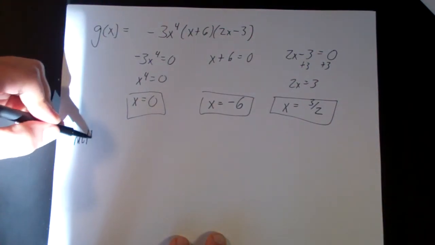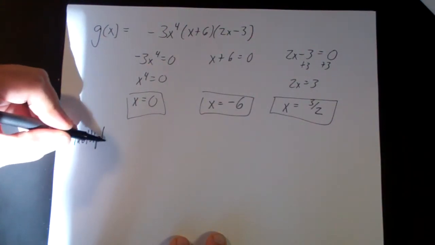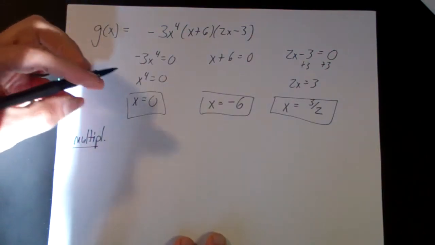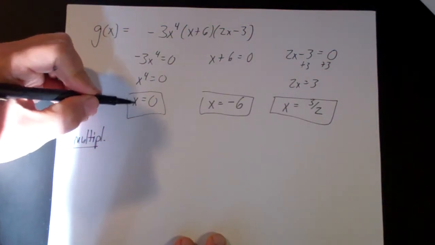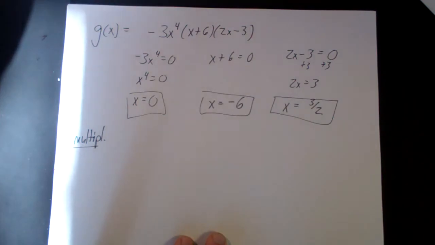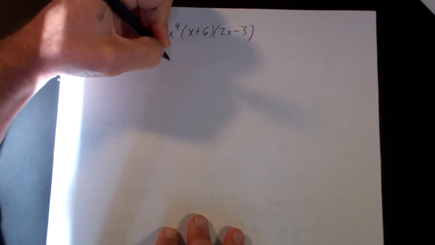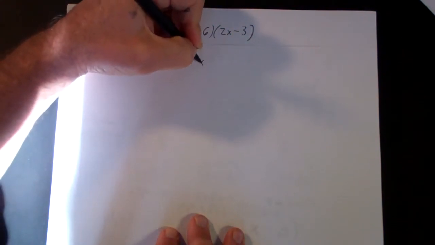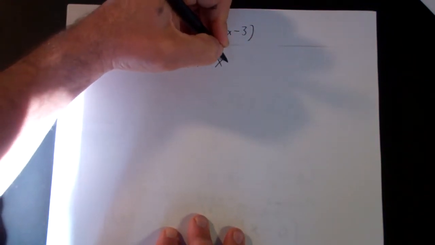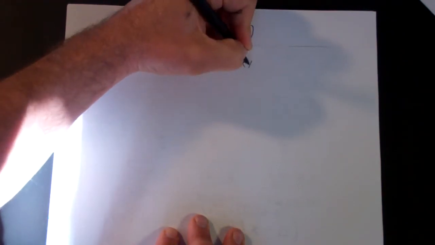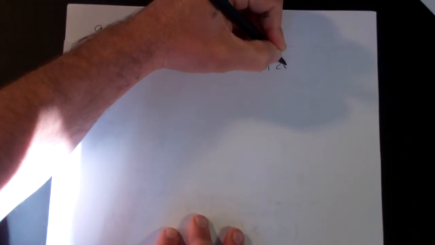Let's look at the multiplicity. This shows how many times. Well, if we look right here, this is really minus 3 times x times x times x times x, times (x plus 6), times (2x minus 3).